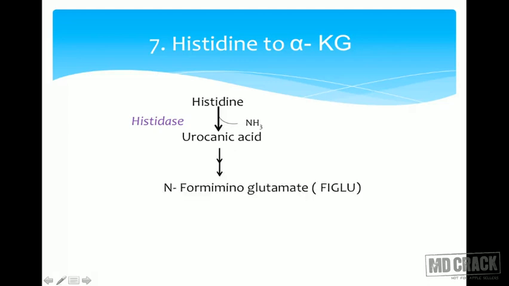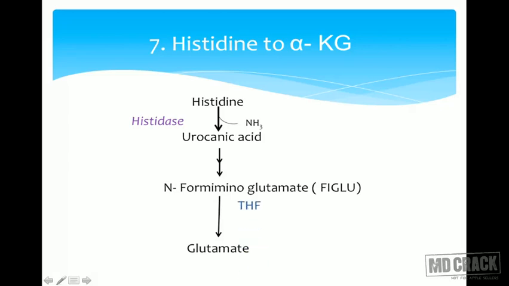Urocanic acid by multiple steps is converted to form aminoglutamate. Should you know about this metabolite? Yes, it is also abbreviated as FIGLU. Formiminoglutamate, FIGLU. What is the importance of FIGLU? Now I'll just tell you, formiminoglutamate can form glutamate.